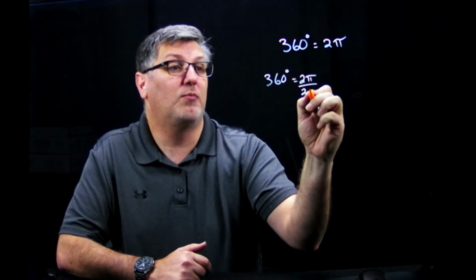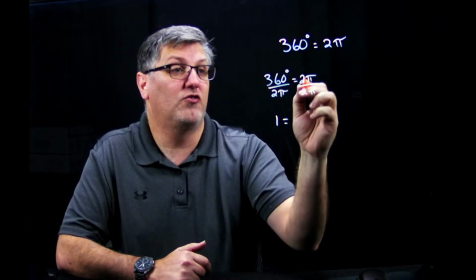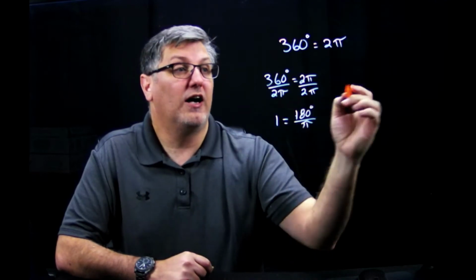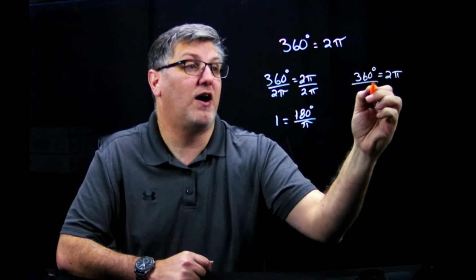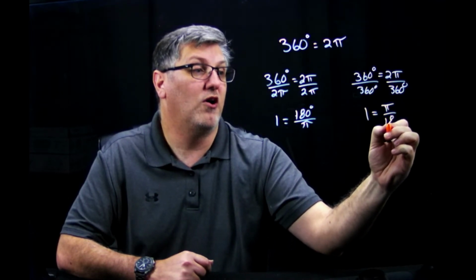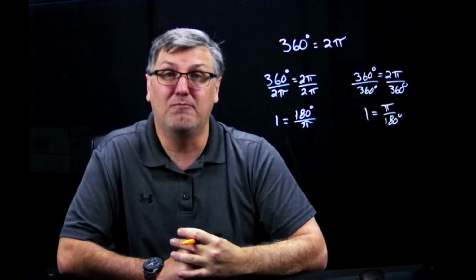I'm going to divide both sides by 2 pi and simplify the fraction. I got 1 equals, because 2 pi divided by 2 pi is 1, 180 degrees over pi. I can do the same thing, 360 degrees equals 2 pi, but I'm going to divide by 360 degrees on both sides. You notice 360 divided by 360 gives me 1, and this gives me pi over 180 degrees.